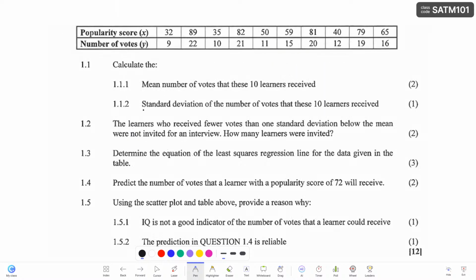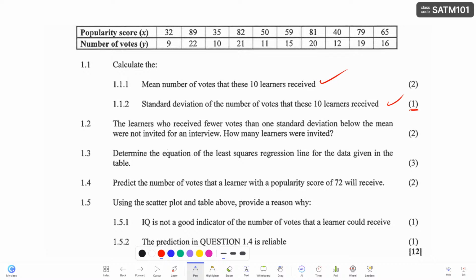Now they said calculate the standard deviation of the number of votes that those 10 learners received. For this one, in order to verify this one again and this one, let's punch this data in our calculator, because I'm not going to calculate the mean. I'm just going to write the mean because that question is 1 mark.